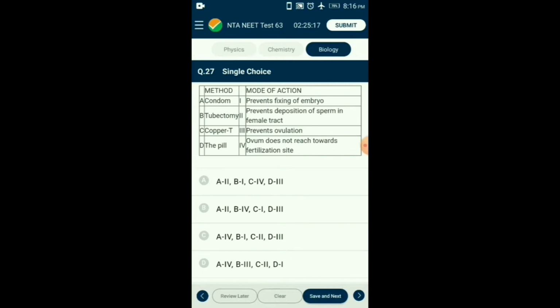Hormonal methods of birth control prevent eggs from being released from the ovaries, thicken cervical mucus to prevent sperm from entering the uterus, and make the lining of the uterus thin to prevent implantation. So the correctly matching option is option B.